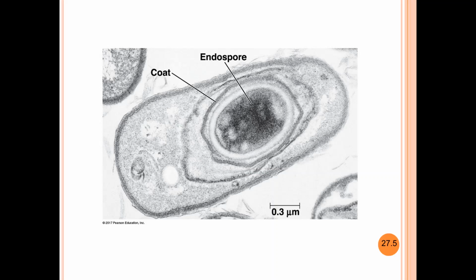It's non-reproductive, but it does in fact protect that bacterial cell from environmental stressors. And some of them can withstand high heats of up to about 121 degrees Celsius. Anything above that usually would destroy the endospore, but it works really well in protecting that bacterium.